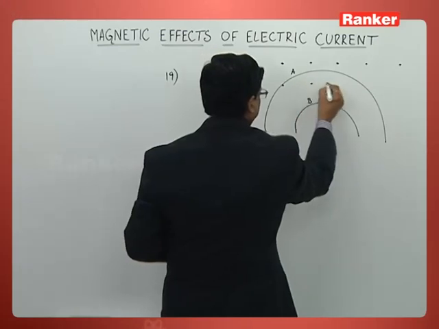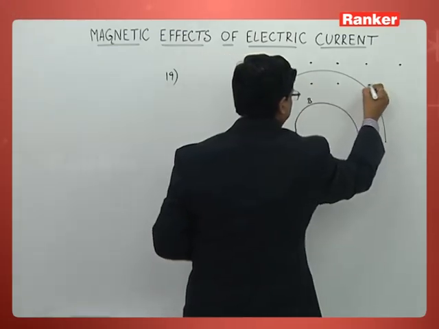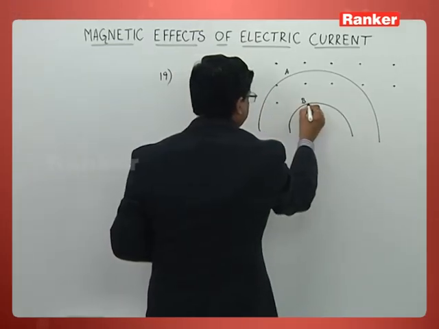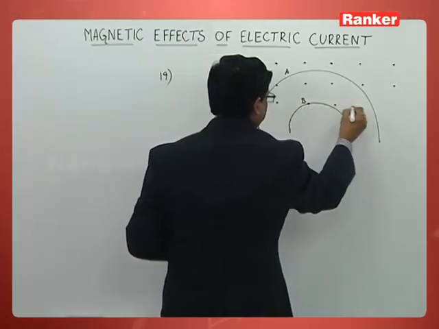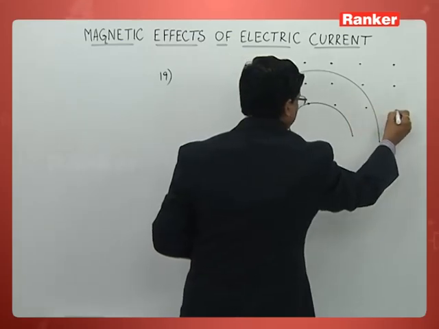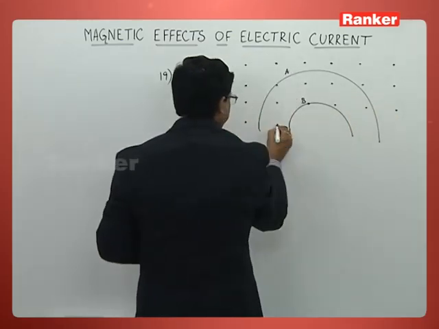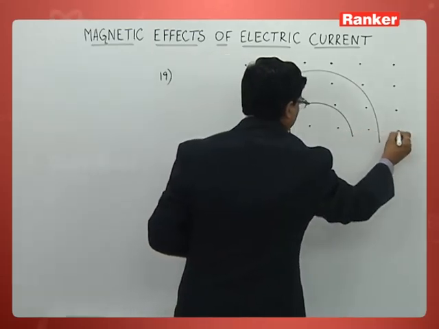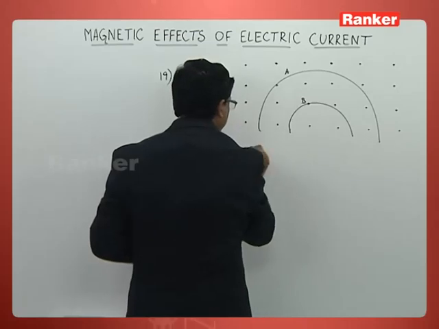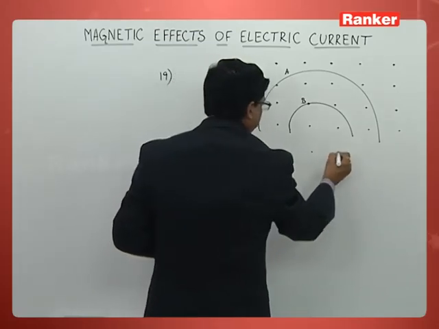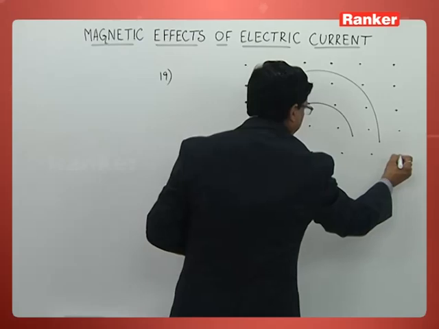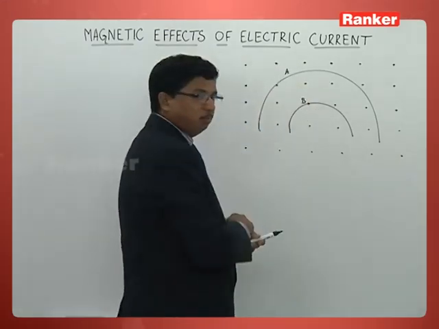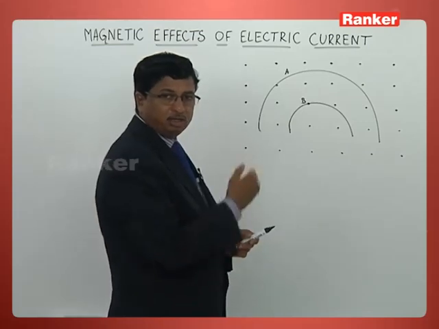Look at the way he has provided the direction of magnetic field. He is putting all dots like this. So one should understand dots mean the direction of magnetic field is normal to the board or paper, but outside the board or the paper. If you put crosses over there, the direction of the magnetic field is into the board, normally inward.